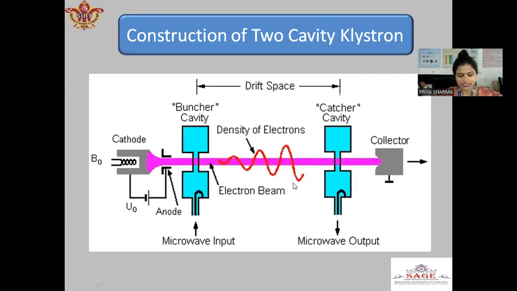Now, how does it work? Firstly, the RF signal which is to be amplified is used for exciting the input buncher cavity, thereby developing an alternating voltage of signal frequency across the gap A. At point B on the input RF cycle, the alternating voltage is 0 and going positive.